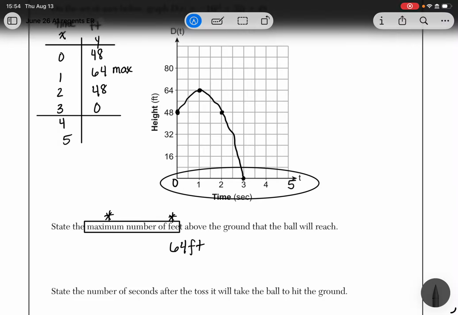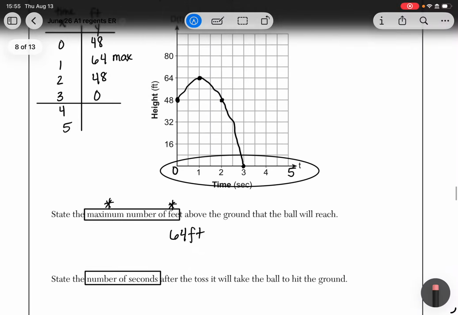You can write it in a complete sentence. Honestly, doesn't matter. And then next, we need to state the number of seconds after the toss that will make the ball hit the ground. If a ball hits the ground, that means we're at level 0. And we're asking for the number of seconds. So since we're talking about time in seconds, we want to make sure that we're using our x values. So what is that x value going to be when y is 0?